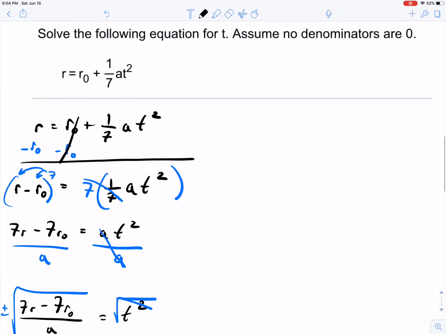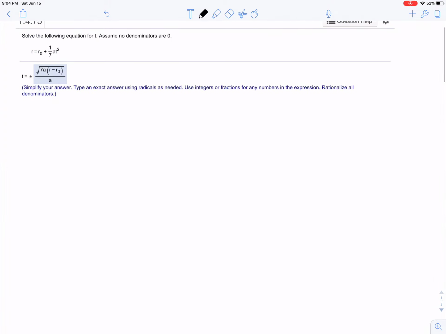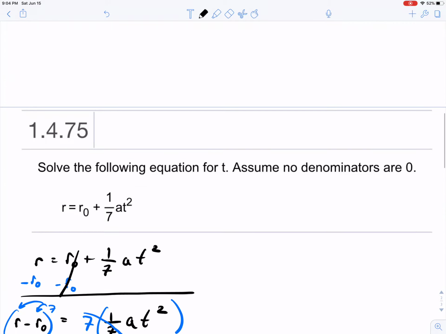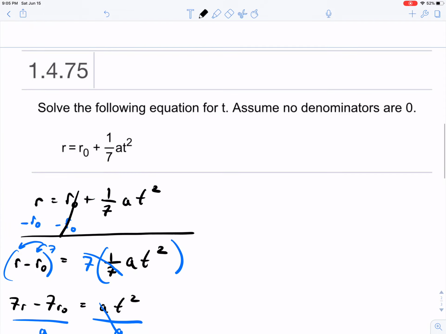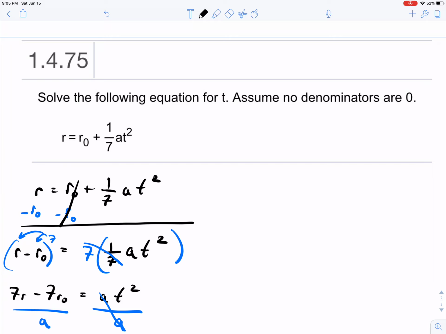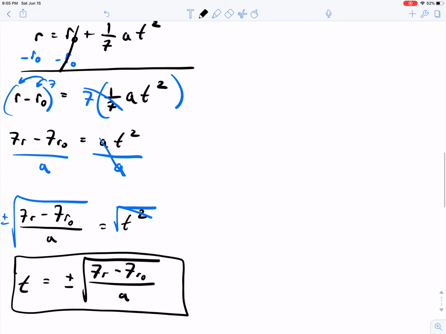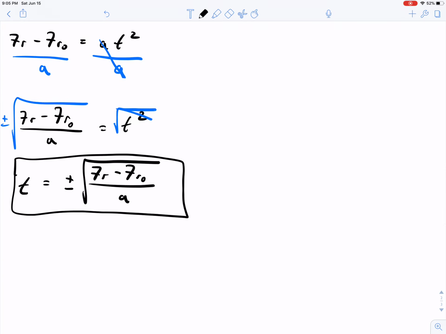I'm going to quickly glance at the solution. Okay, so they left it factored. Wait a minute, did I miss something? We could do a over 7, so multiply both sides by 7 over a. To get it to match the way the text does it, I'm going to factor out that 7.